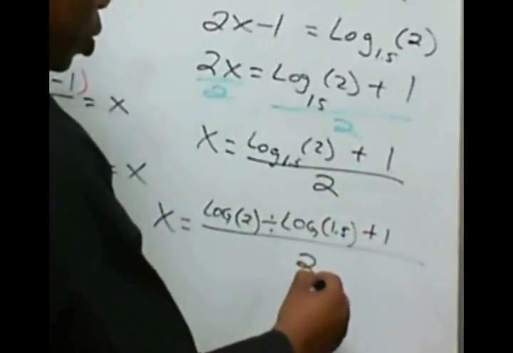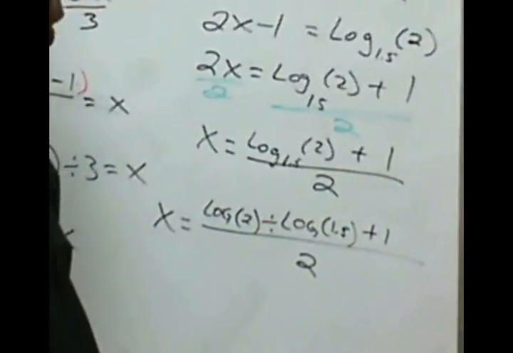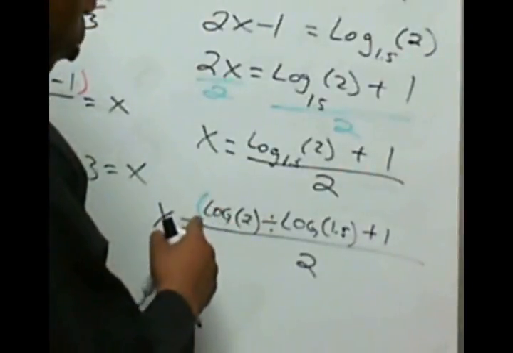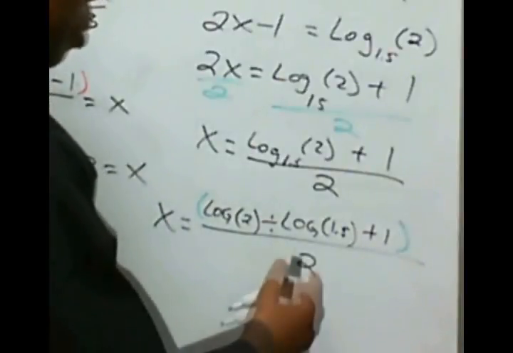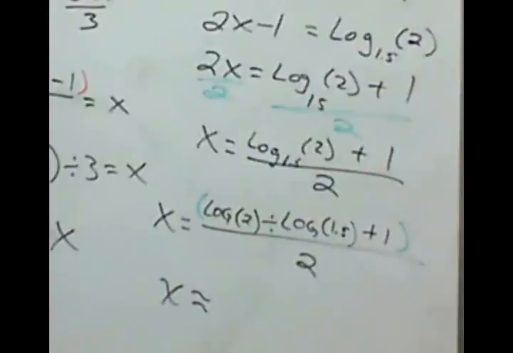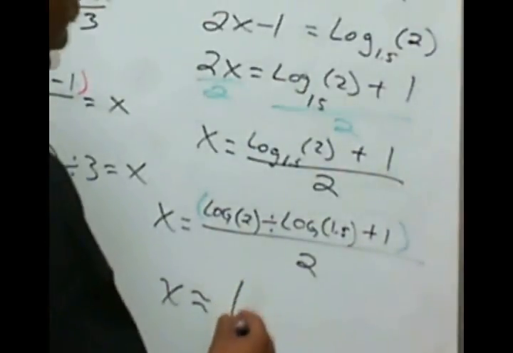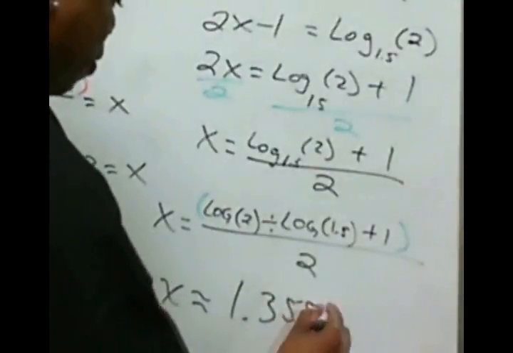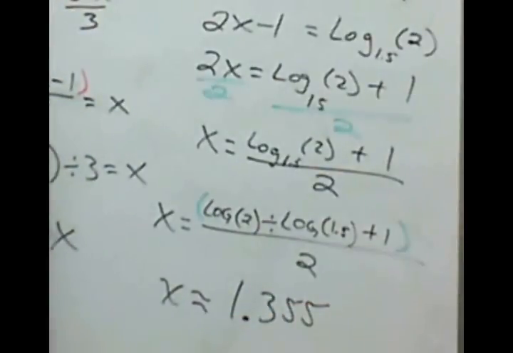And we'll divide that all by 2. And in order to put this into the calculator, we'll have to start this with a parenthesis and end this with a parenthesis before we divide by 2. When we're finished with this, we'll have 1.355 approximately.